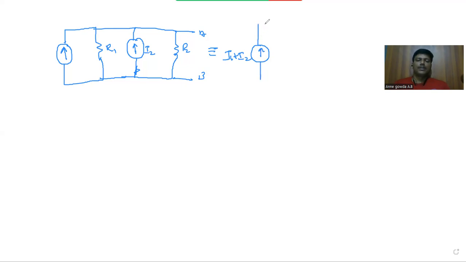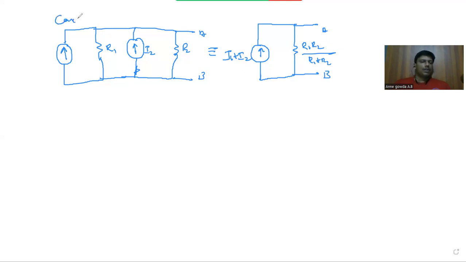And I can replace the parallel resistances R1 and R2 with a single equivalent resistance, that is R1 R2 divided by R1 plus R2 across the same terminals.